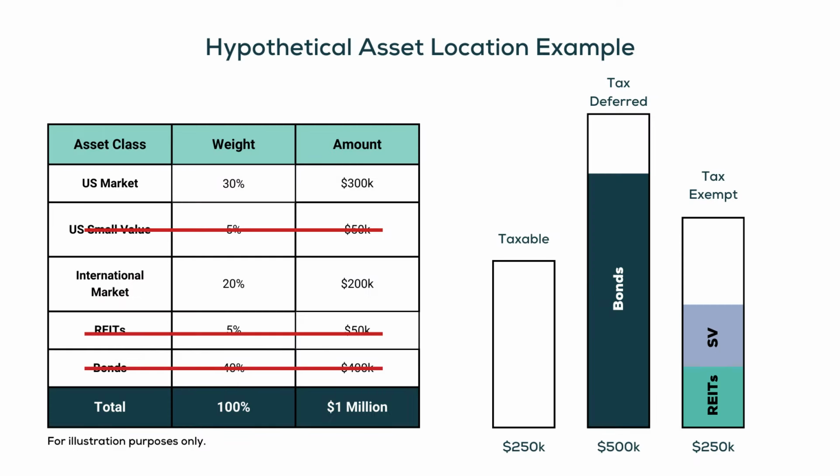But because it's a tax credit, we only get to use it if those assets are in our taxable account. It's not usually a ton of money, but I would still rather get that money back than not. So we'll put the international stocks in our taxable account.